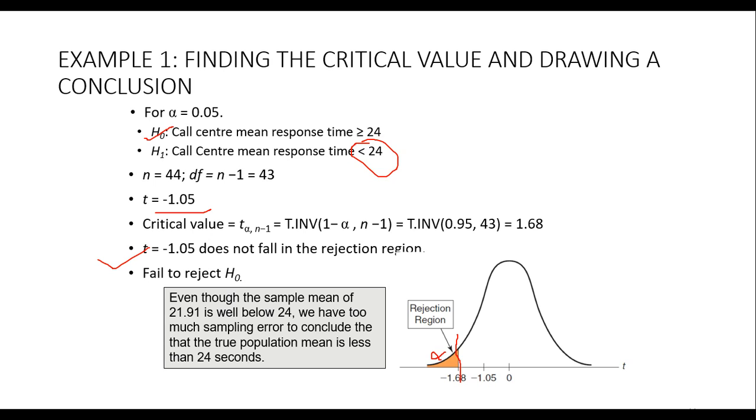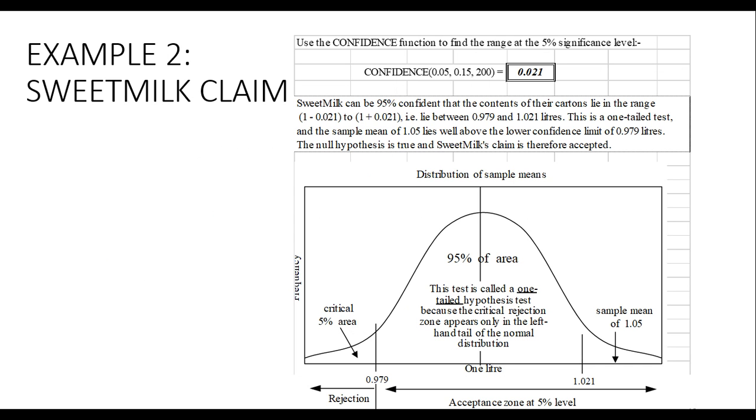So we have to do some recalibration in the call center process flow and make sure that again we take the sample and again do the hypothesis testing till we are convinced and we can show the test result to our customer to show that our call center response time is in fact less than 24.